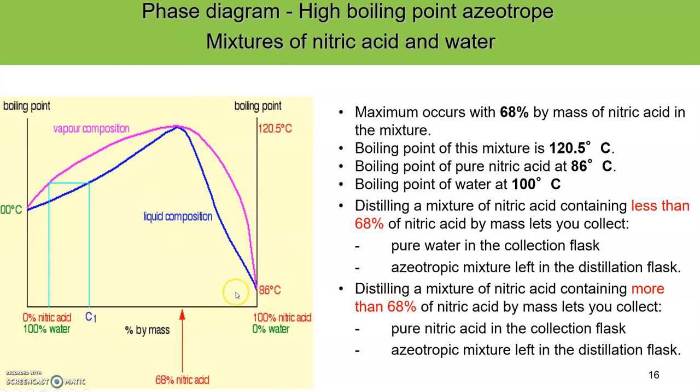However, we will have an azeotropic mixture left in the distillation flask, and again we cannot have 100% nitric acid by mass from the mixture, because we do have an azeotrope here. So that's why the best, according to the phase diagram, that we can have is 68% by mass of nitric acid in the mixture.